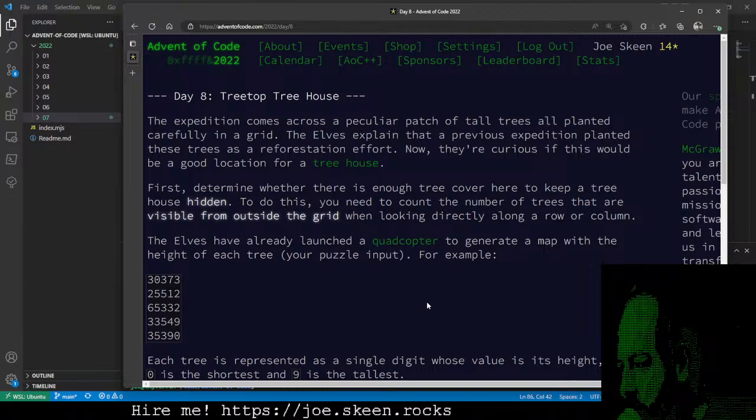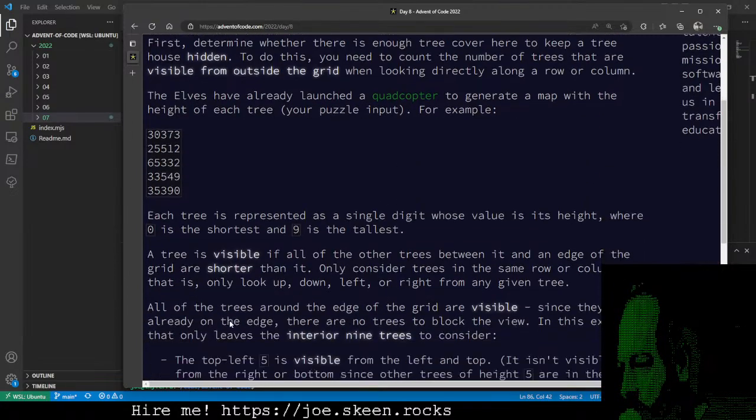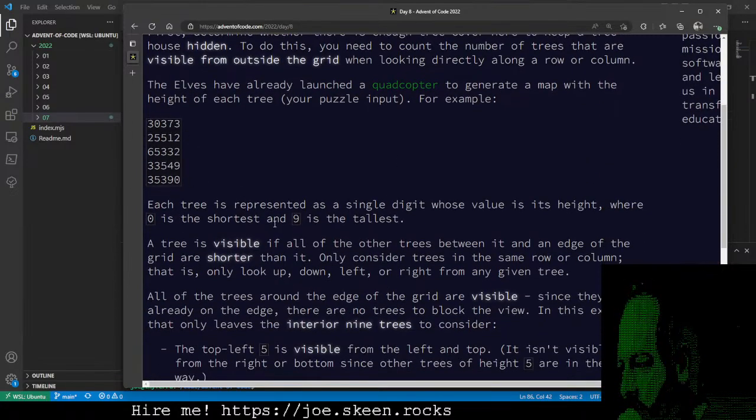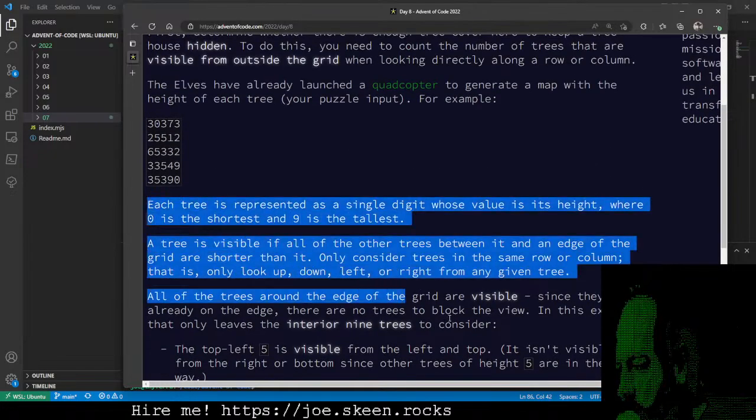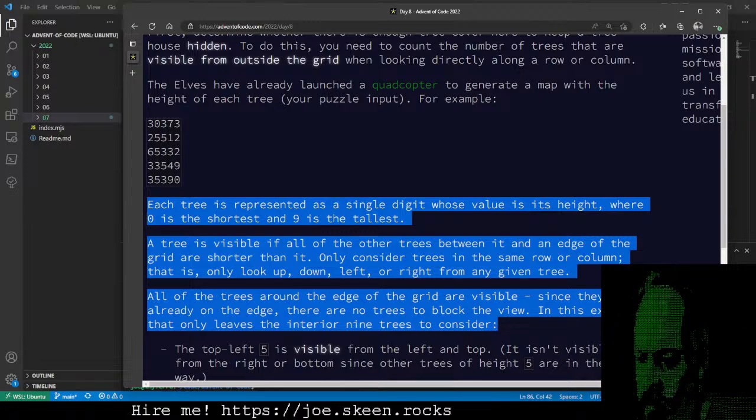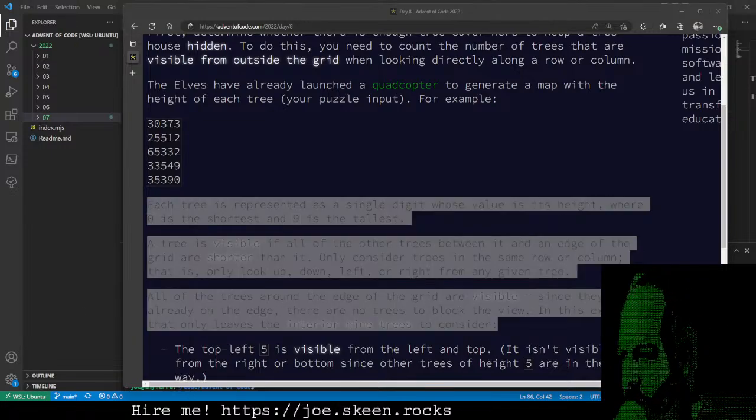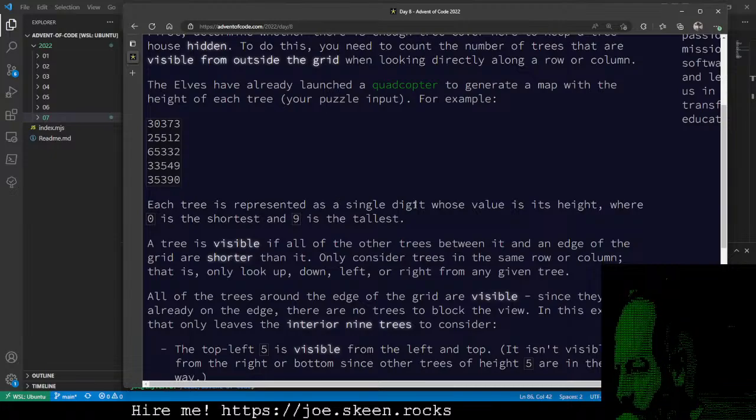The elves have already launched a quadcopter to generate a map with the height of each tree, your puzzle input. For example, each tree is represented as a single digit whose value is its height, where 0 is the shortest and 9 is the tallest.